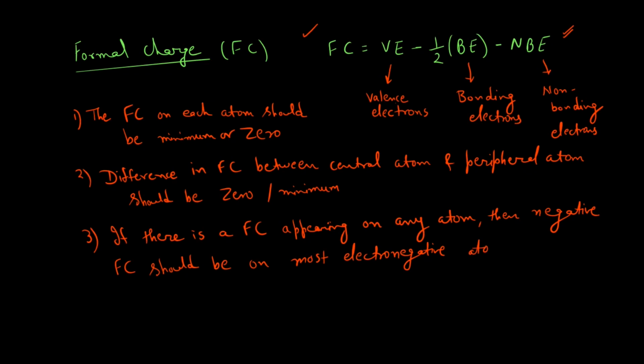Based on these three rules, we will decide which Lewis structure is going to be the most likely structure.